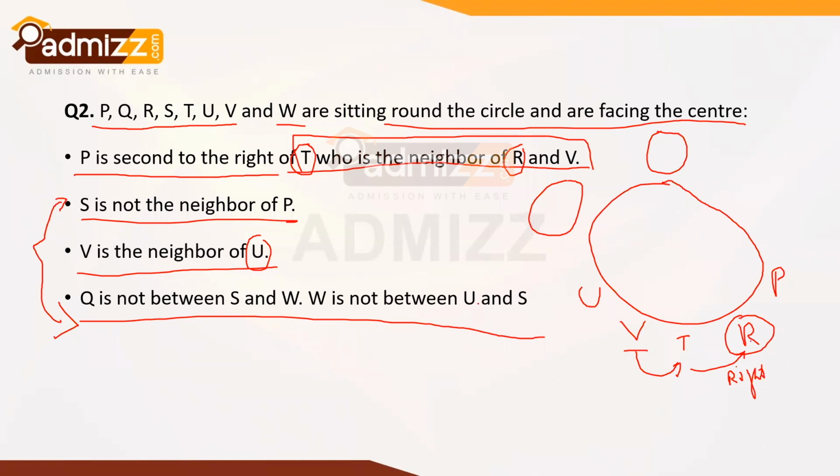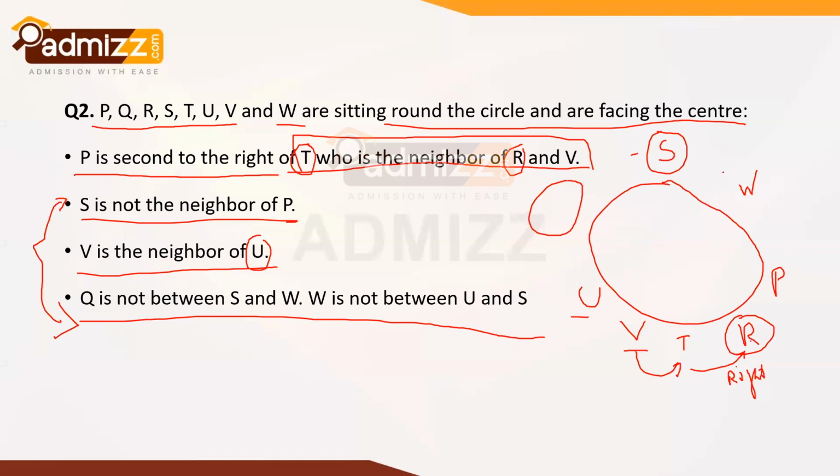Now what we are also given is that W is not between U and S, right? So if we keep S here, we may keep W here or W here, but W won't go here. So if we keep S here, let's assume this, W must go here because W does not lie between U and S, right?